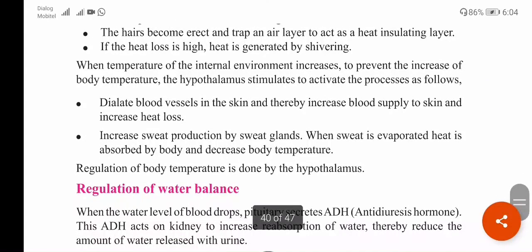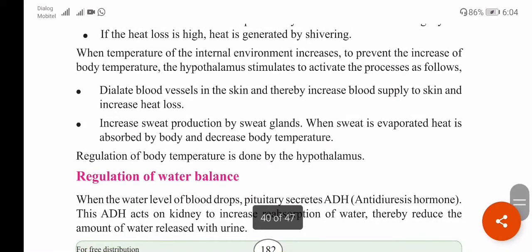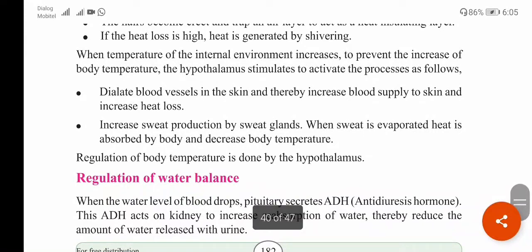The blood vessels in the skin dilate, so the blood supply to the skin increases, which increases heat loss, and sweat production by the sweat glands increases. When the sweat is evaporated, heat is absorbed from the body and the body temperature decreases. So regulation of body temperature is done by the hypothalamus.